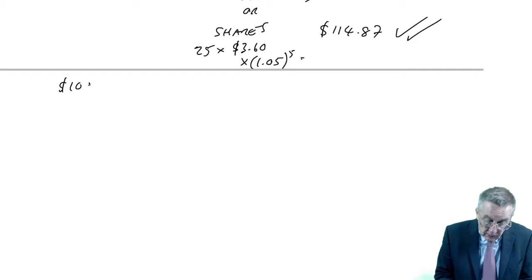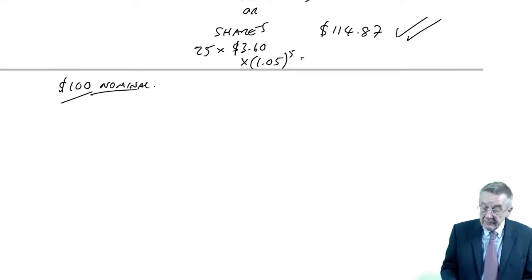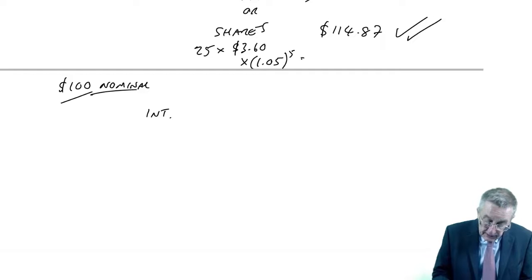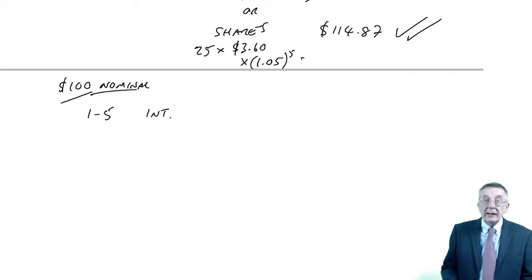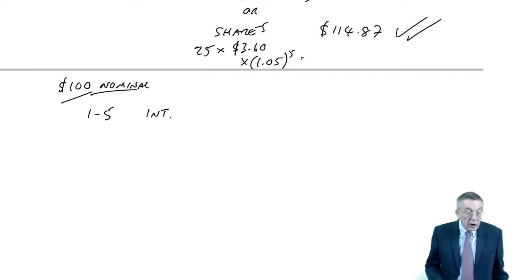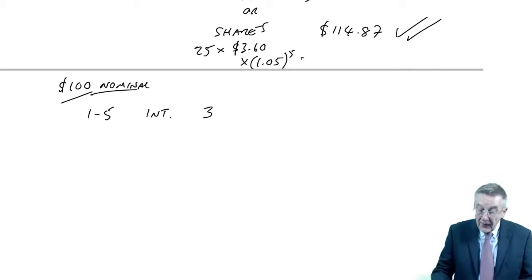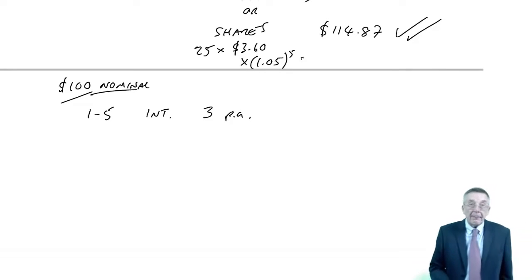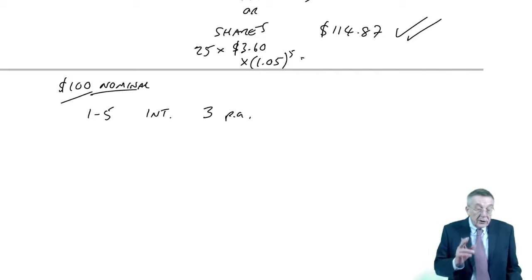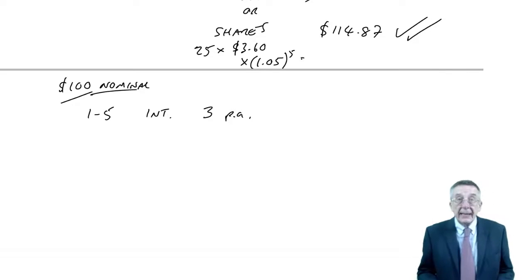So now we can set up the expected receipts. And $100 nominal, which is what we're asked for. What are they going to get? Well, they're going to get interest for 5 years, 1 to 5, at the coupon rate 3% on nominal, which is $3 per annum. And it's only the first of 2 vital things in relation to tax.